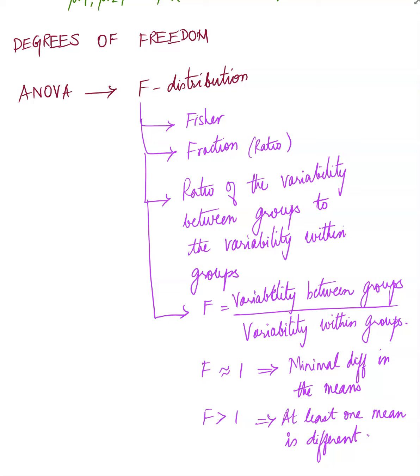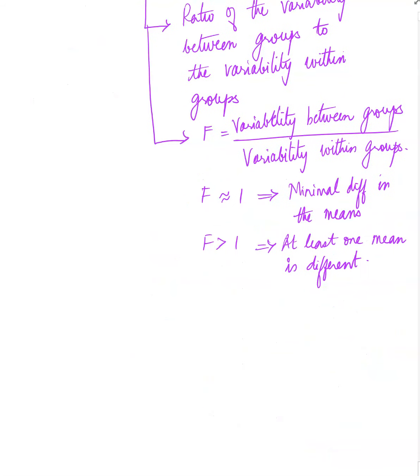When we talk about the F distribution itself and indicate it, remember for chi-squared we had chi-squared with the degrees of freedom. If you recall, we said chi follows a chi-squared distribution with degrees of freedom at the bottom.